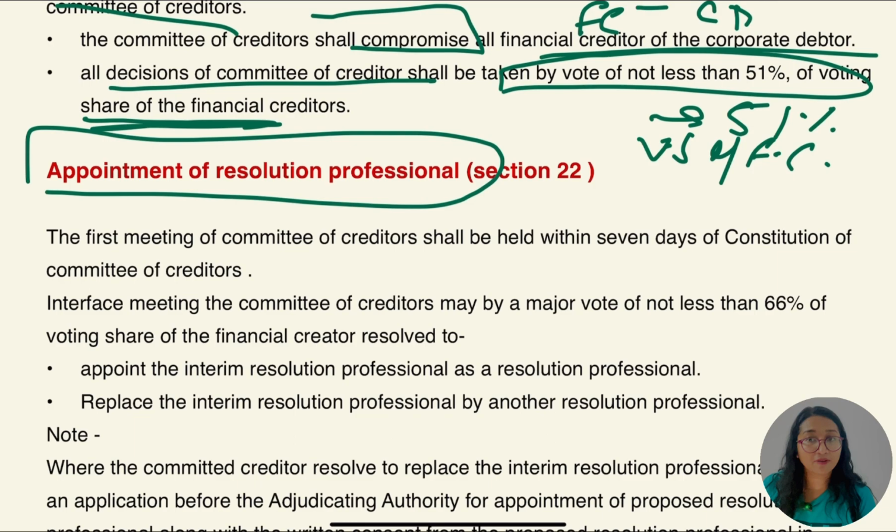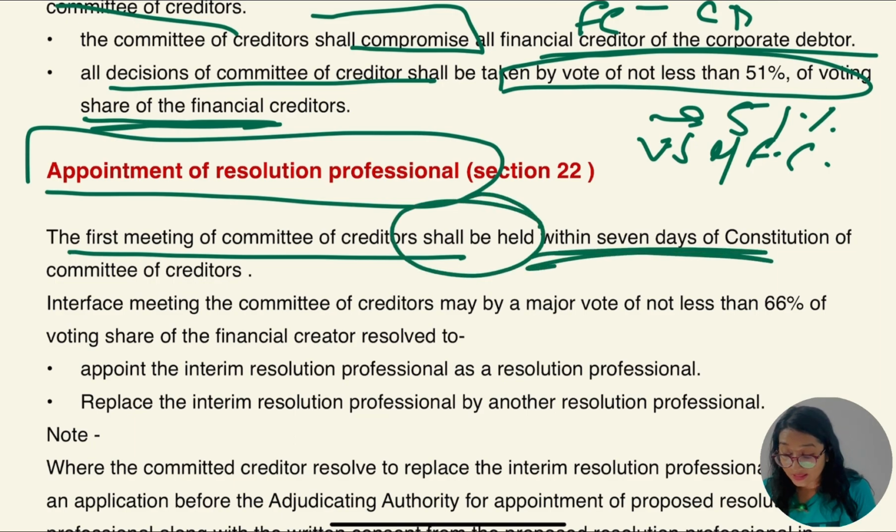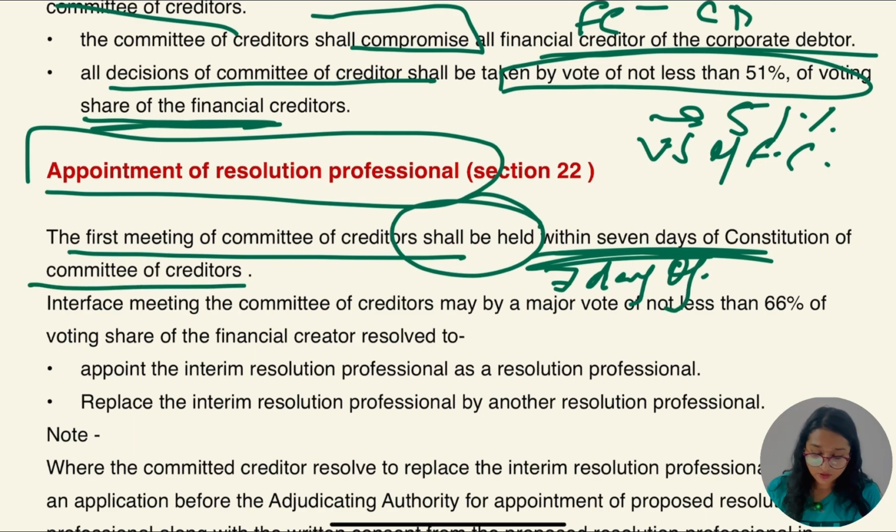Let's check from which point. The first meeting of the committee of creditors shall be held within how many days? Within 7 days of the constitution of the committee of creditors. So the first meeting of the COC should be held within 7 days of its constitution. Hope this point was clear.